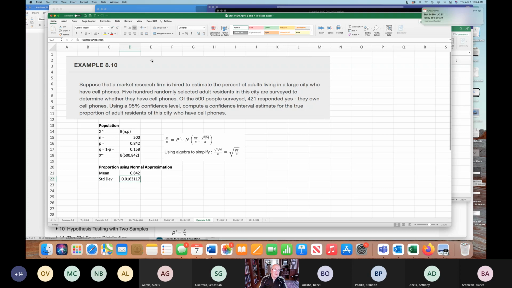It's going to be 0.0163. We take it to 3 decimal places. Let's make it 4 decimal places. So p prime has what distribution? We're approximating with this normal distribution, with a mean of 0.842 and a standard deviation of 0.0163. Can I answer any questions?